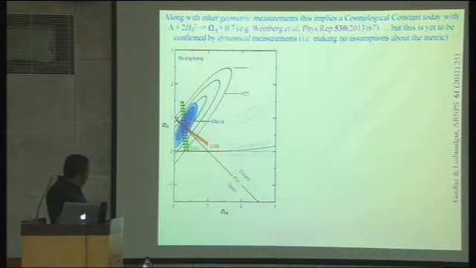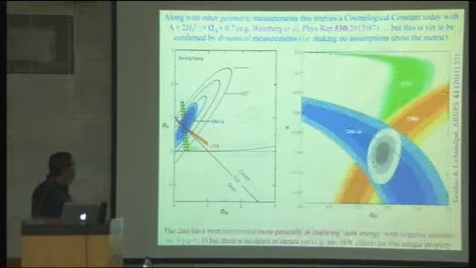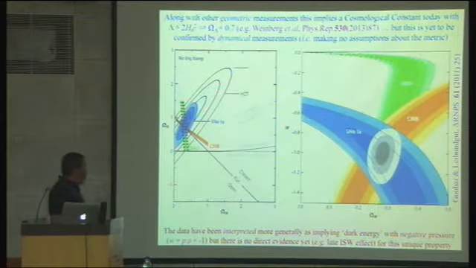And this plot shows that observations of the supernovae, which define this uncertainty here, when combined with observations of the cosmic microwave background, pick out this point as the solution, and other observations like the baryon acoustic oscillations are consistent with that, and they give us the standard universe of omega lambda of 0.7, omega matter of 0.3.